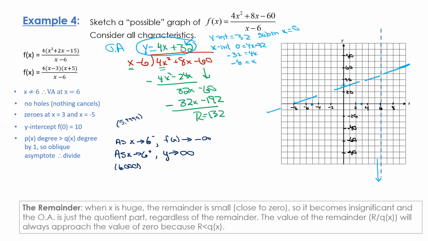So on the graph, on the right hand side of that asymptote, we are going to be coming up like this. I also have a few intercepts. Remember we put those zeros on at 3 and at -5. I also have a y-intercept at 10. I'm going to put that on. I haven't put that one on yet. So I've got 3 dots here in this quadrant to hit.